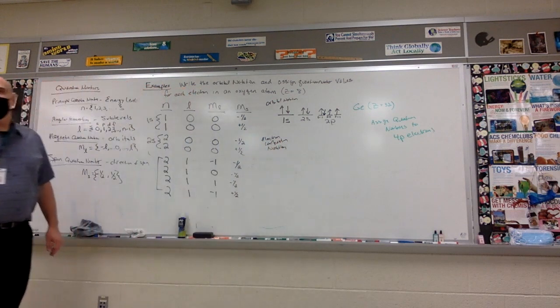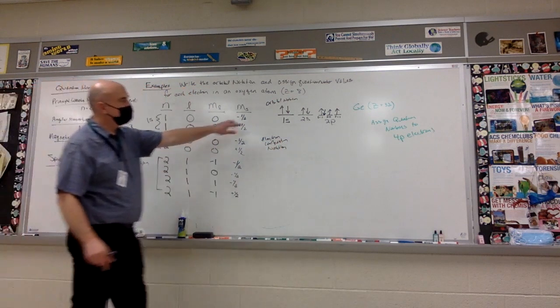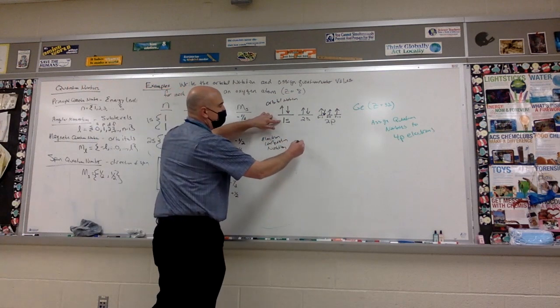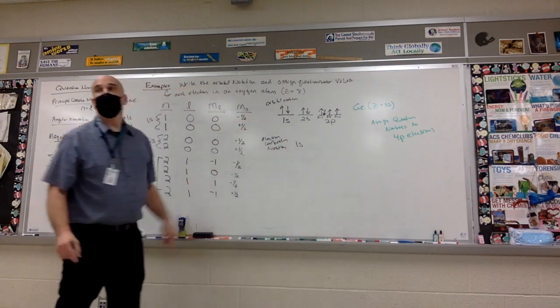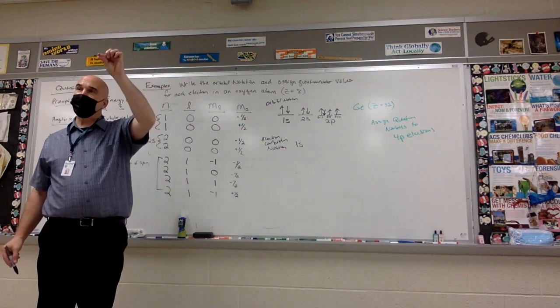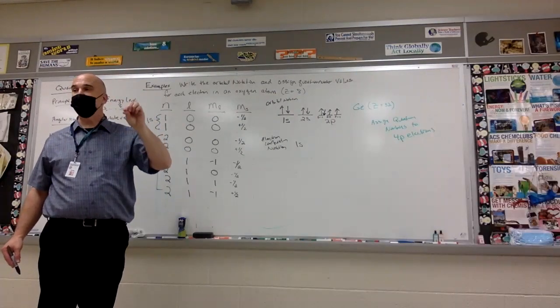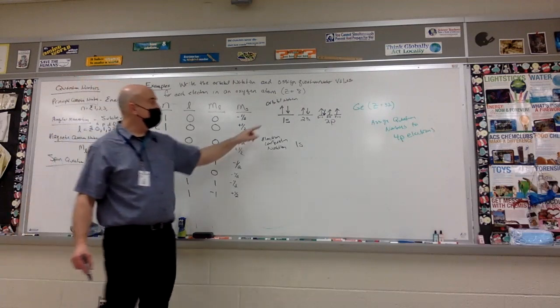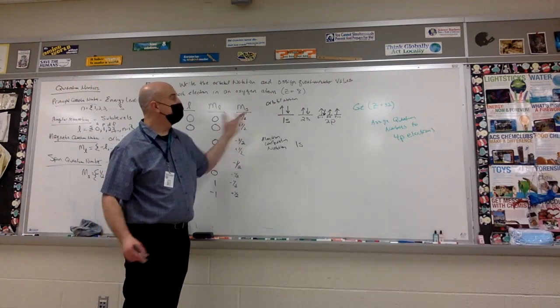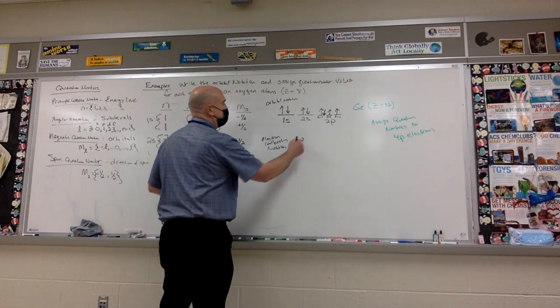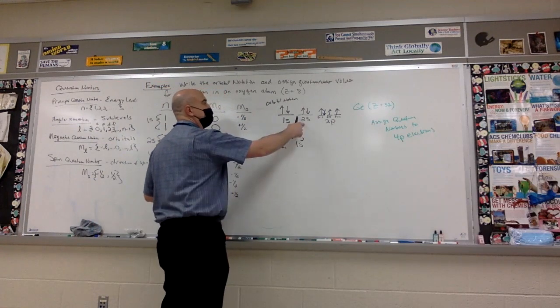And all you do there is I still write the sublevel like 1s, but I use superscripts and I show how many total electrons are in the sublevel. Okay, so how many total electrons are in this 1s? 2. So 1s2. How many are in my 2s?